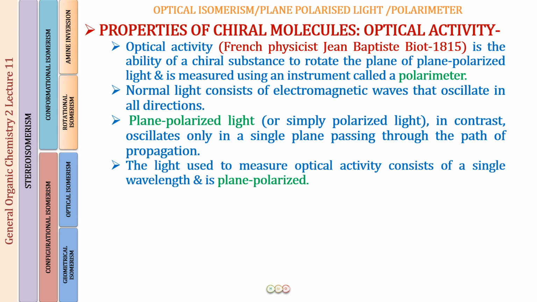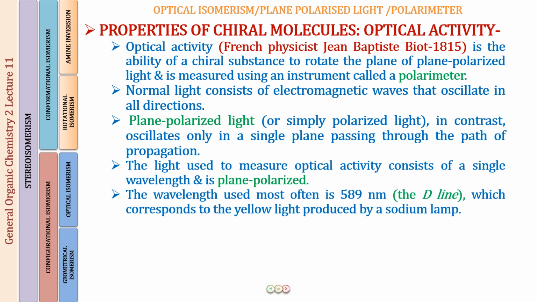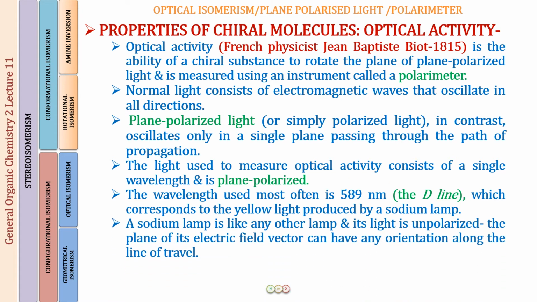So to have a single wavelength light, the normal wavelength that we use is 589 nanometer, that is the D line, which corresponds to the yellow light produced by a sodium lamp. And a sodium lamp is like any other lamp, and its light is unpolarized, traveling in all directions, right?